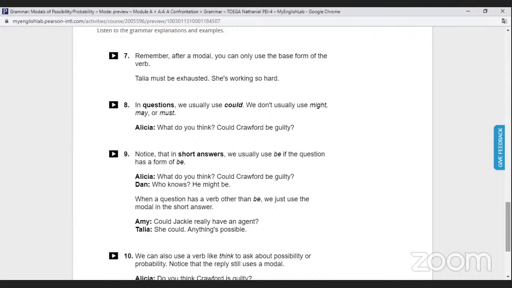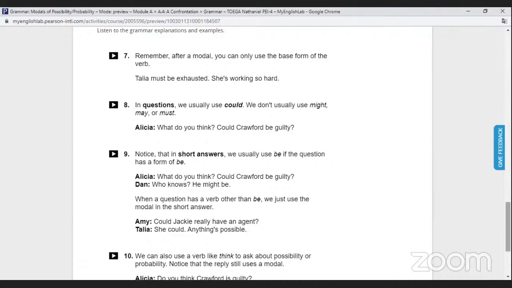He might be. When a question has a verb other than be, we just use the modal in the short answer. Could Jackie really have an agent? She could. Anything's possible.